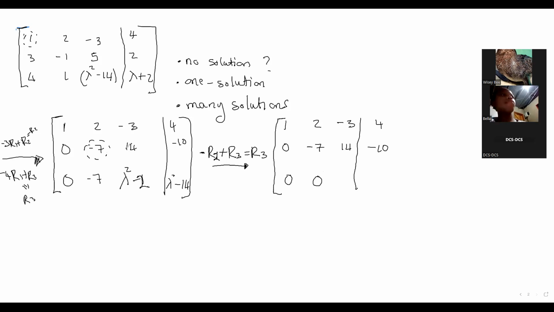And then minus 14 plus lambda squared minus 2 will give me lambda squared minus 16. And then negative 10 times minus 10 will give us 10. Then I add it to lambda squared minus 14. That should be lambda squared minus 4.